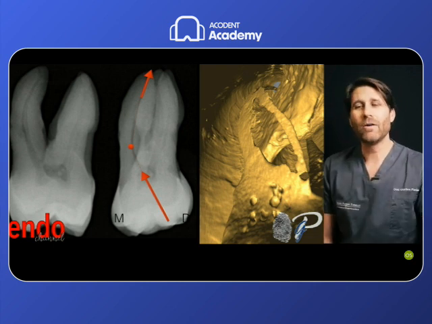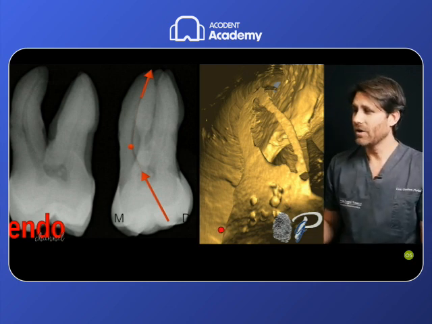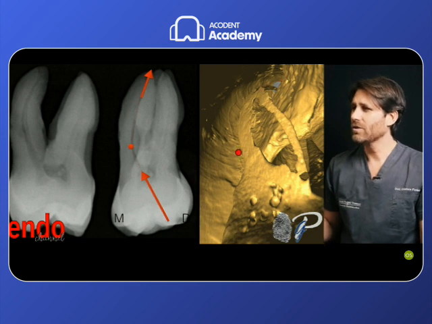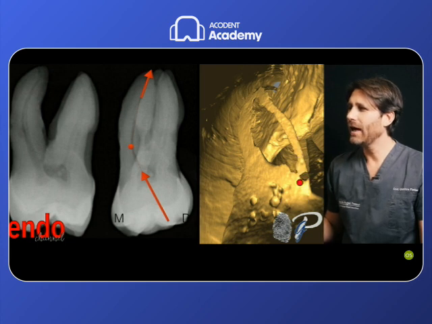After we have found the orifice, this is the trajectory in a three-dimensional reconstruction of an MB1 and an MB2 root canal, and you can see this type of trajectory. We are in the middle of dentin in the coronal portion of the access cavity, and this is the amount of dentin that covers the trajectory of the root canal.